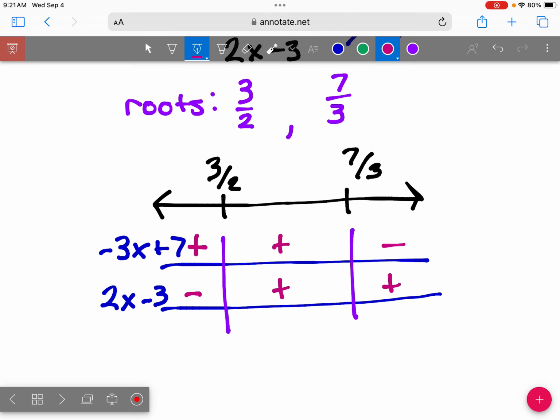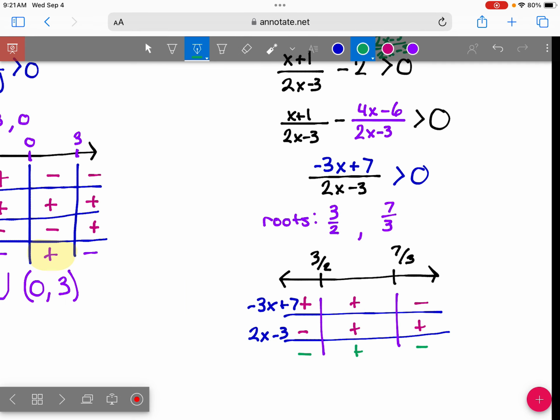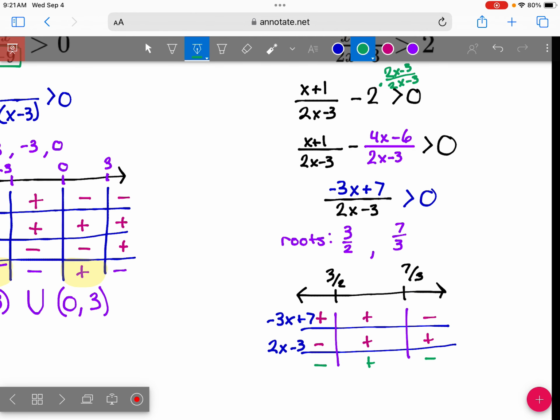Okay? So for our function, our positivity down here, positive times a negative gives us negative. Positive times a positive, and then negative. Are we looking for a positive or a negative? A positive, because it says greater than 0 up here.